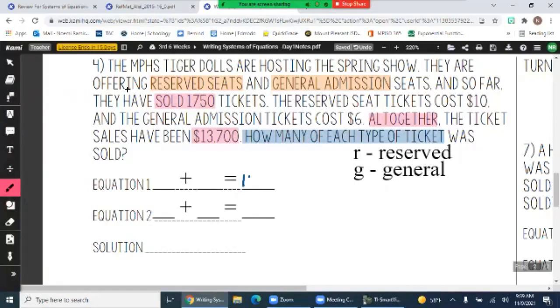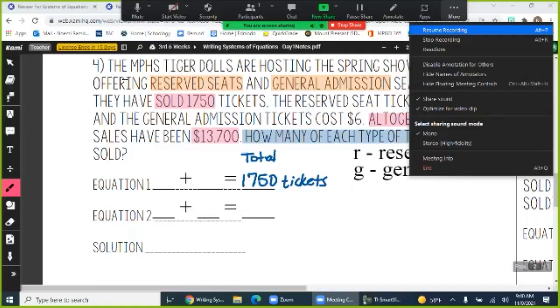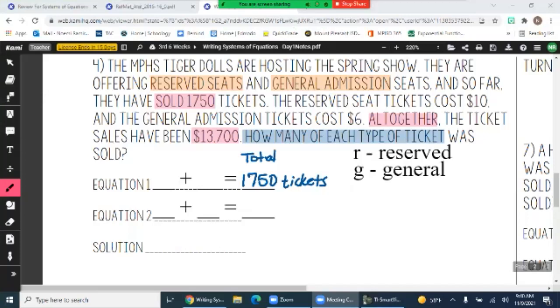I'm going to use 1,750. We're talking about tickets. Remember, your totals go at the very end. 1,750 tickets. So because it's a ticket, it's not an actual amount. There's no dollar amount.